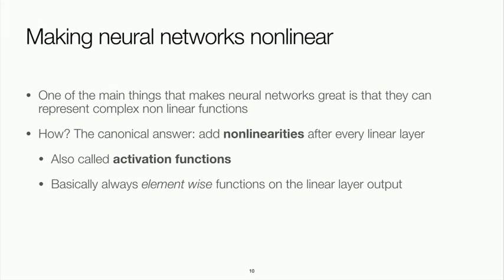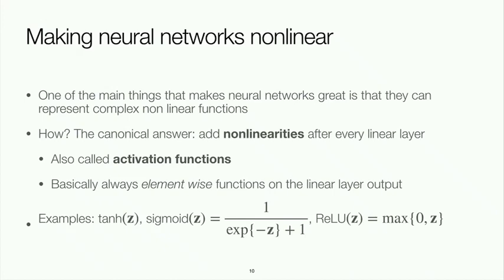What is an element-wise function? It means that it operates on every element in the vector separately, on the output of the linear layer. The linear layer outputs some vector, maybe it's k-dimensional, maybe it's some other dimensionality that we define, and then this nonlinearity transforms every single element in that vector into some other representation, a nonlinear relationship with the input.